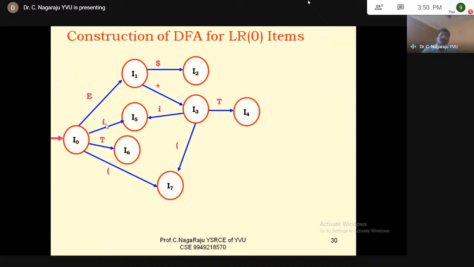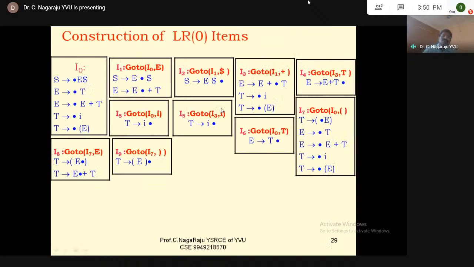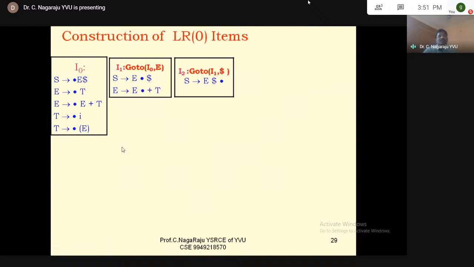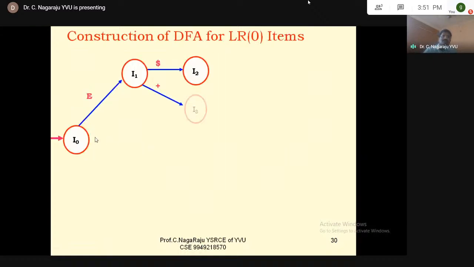You see that here, suppose you see T, E, R, F or something, we have written like this. So that's why S0, S1 instead of S1, S0. Here I1, I0 is taken like this. Suppose on E it will enter into state 1, and on dollar it will enter into state 2.